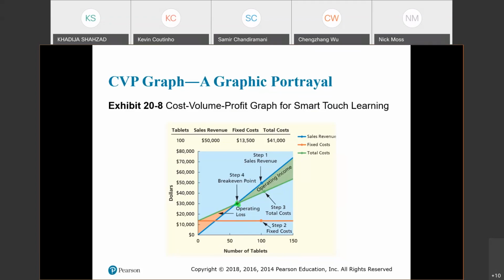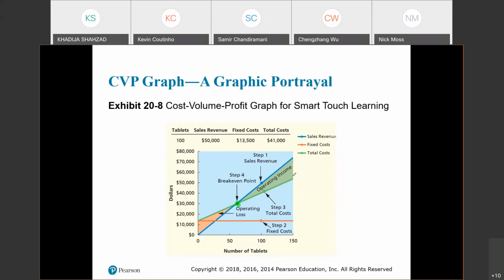If the units sold are below this point, the company would suffer a loss, which is the orange area in this graph, the loss area. If the units sold are beyond the break-even point, the company will earn an operating income while covering the fixed cost.